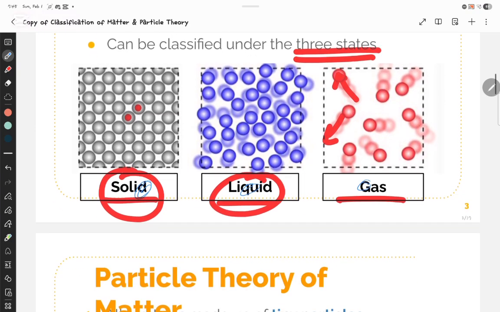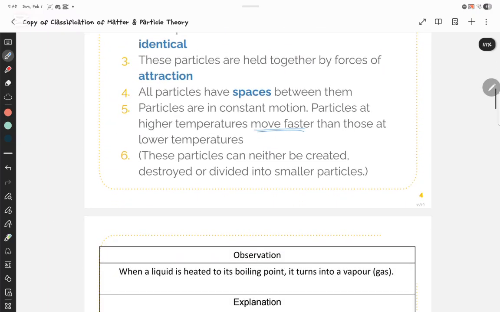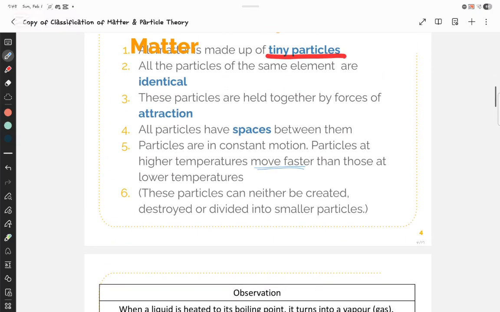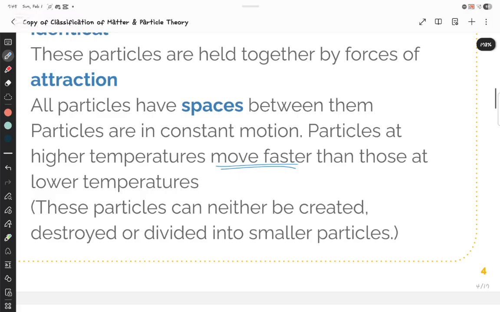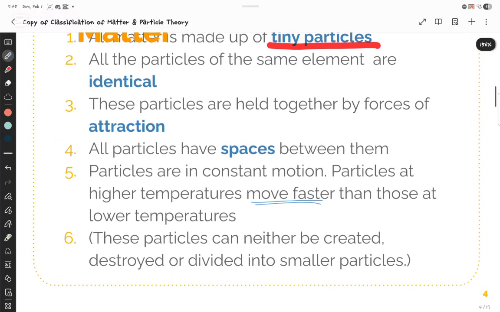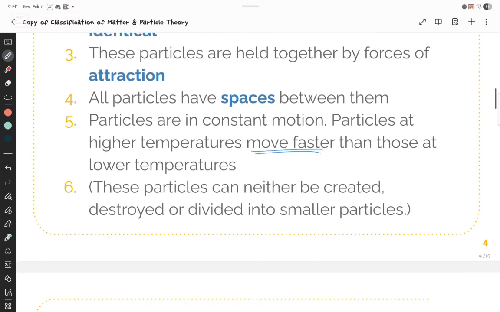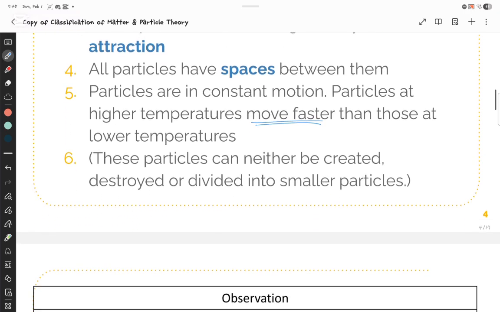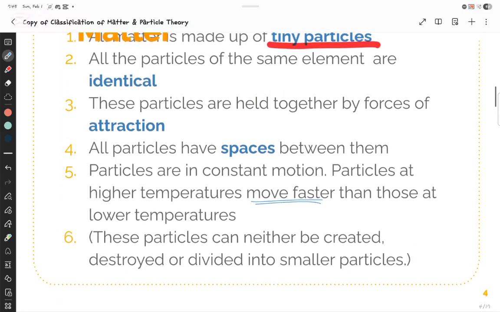You can see it becomes a liquid or a gas because the particles essentially just move faster and have more energy. And that explains why when you heat up water, for example, it evaporates into gas from a liquid. And then the sixth rule is that these particles can neither be created, destroyed, or divided into smaller particles.